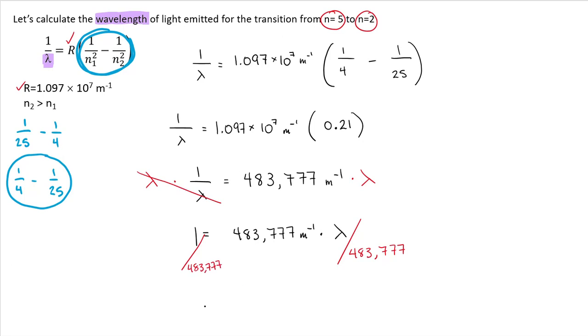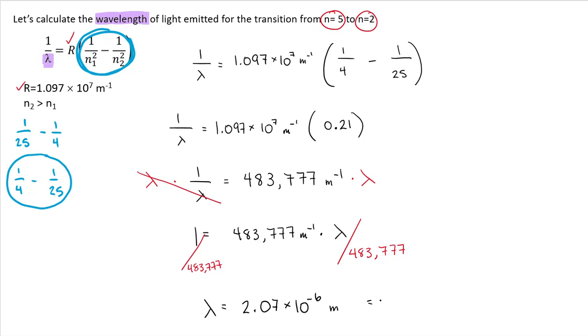So the wavelength of light that is emitted when that electron falls from 5 to 2 is 1 divided by 483,777. 2.07 times 10 to the minus 6th meters.